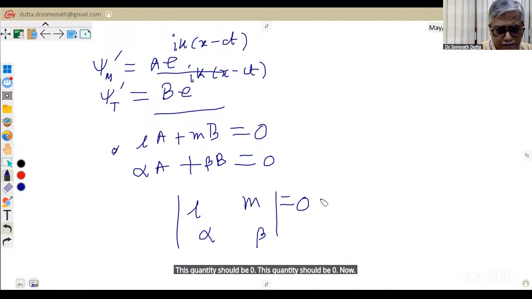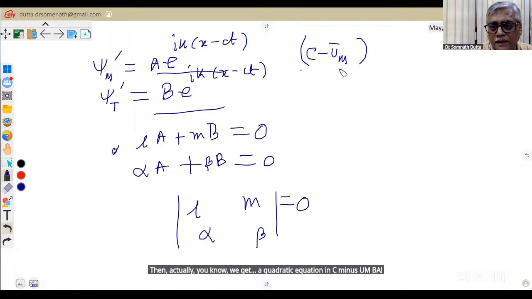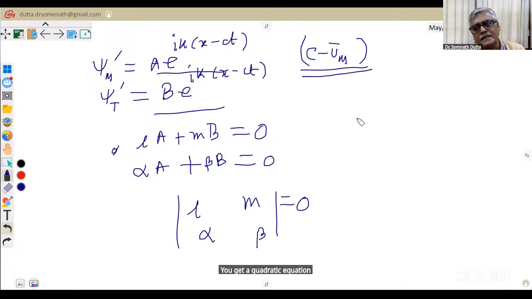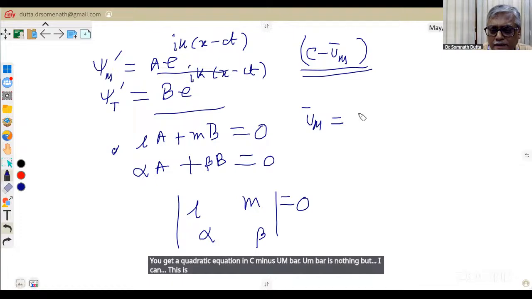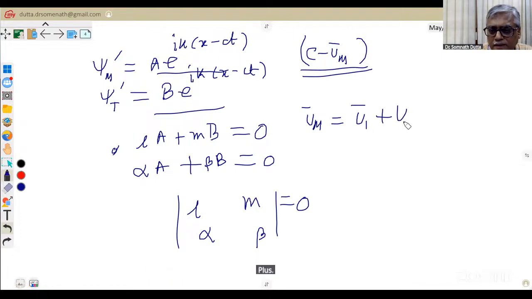Now, when this is expanded, we get a quadratic equation in C minus U_M bar. U_M bar is nothing but U1 bar plus U3 bar divided by 2.